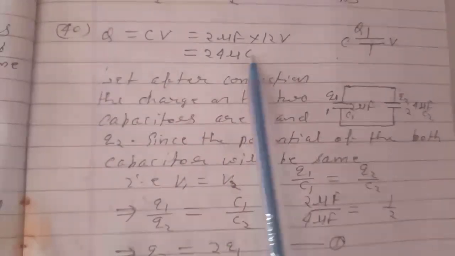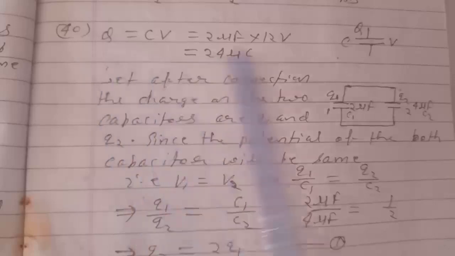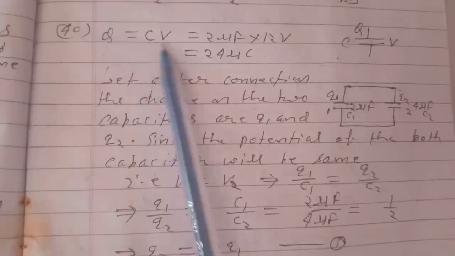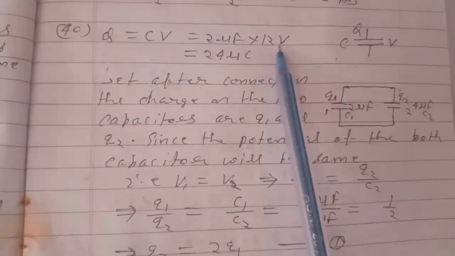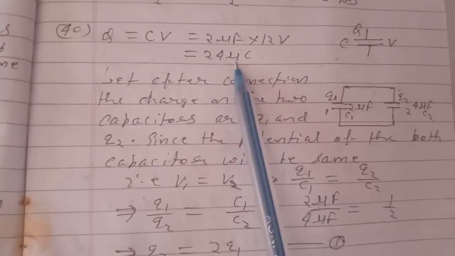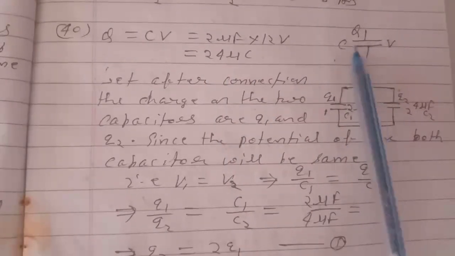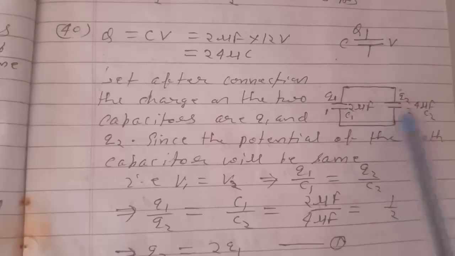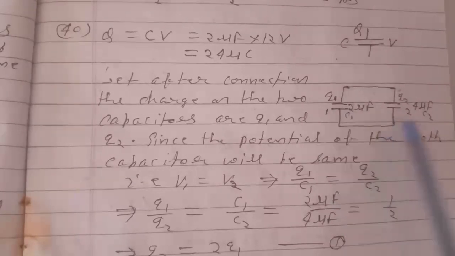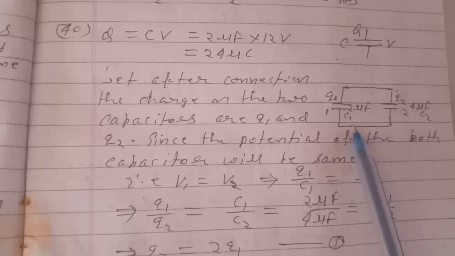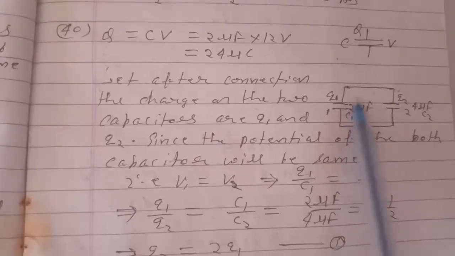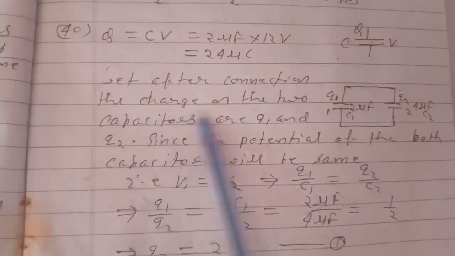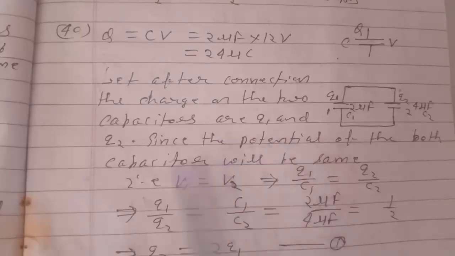Initially C and V are given, so Q will be C into V, 2 microfarad into 12 volt equals 24 microcoulomb. Now this is connected to another capacitor with capacitance C2. Let after connection the charges on the two capacitors be Q1 and Q2.